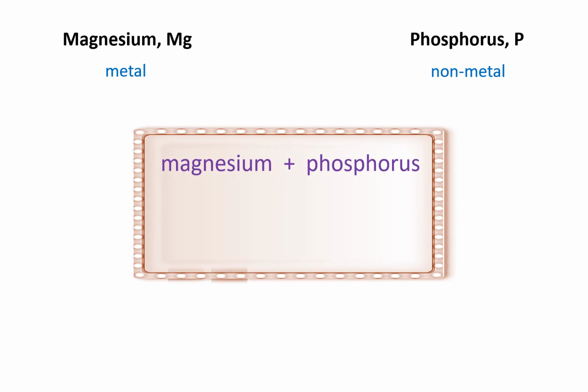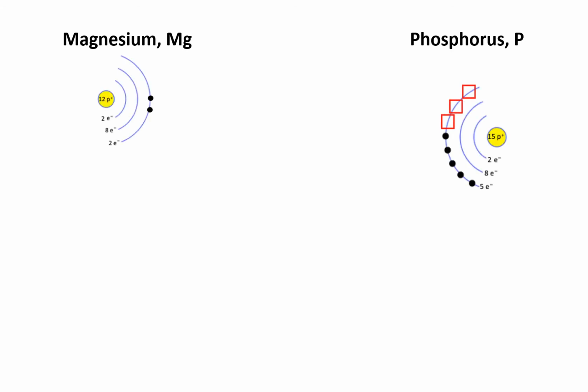Magnesium plus phosphorus yields magnesium phosphide. Let's figure out the formula. Here are the simplified atomic models for the 2 elements. Magnesium has 2 valence electrons to give away, and phosphorus, with 5 valence electrons, has room to pick up 3.